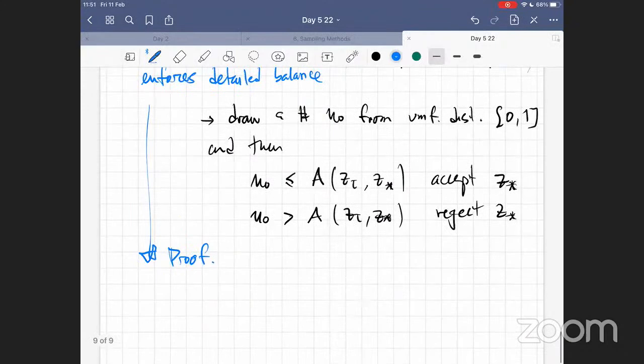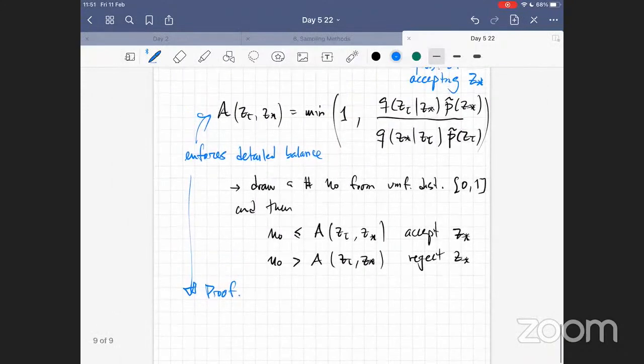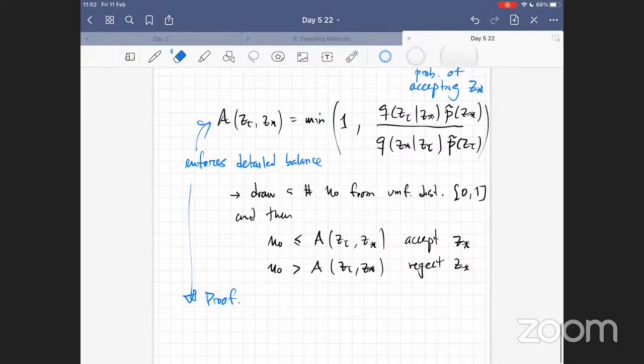I want to compute the transition. I want to compute the detailed balance, right? So let me say it the following way. I will go to this denominator and multiply to the left and to the right by this denominator, okay?